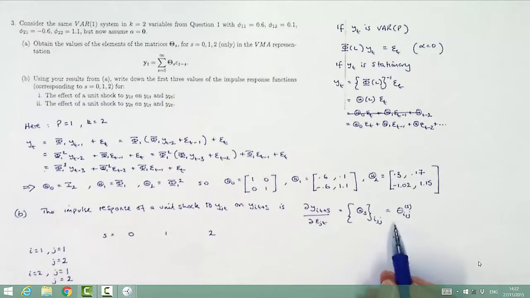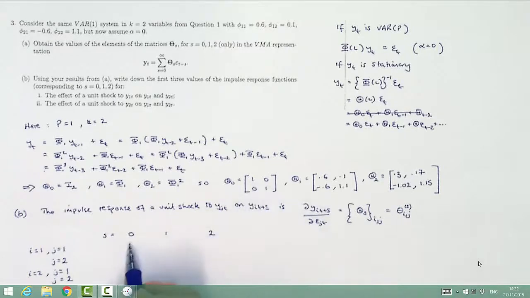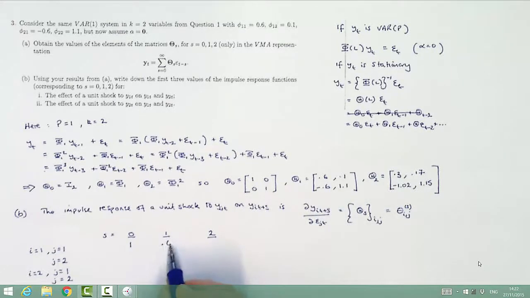The entries of this table are going to be the appropriate theta_ij superscript s values that we calculated in the previous part. So for s is 0, i equals 1, j equals 1, then that's 1. When s is 1, it's the 1,1 element of Θ_1. S is 2, it's the 1,1 element of Θ_2.